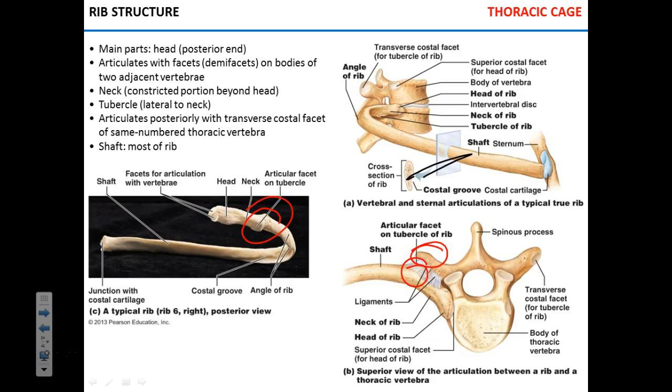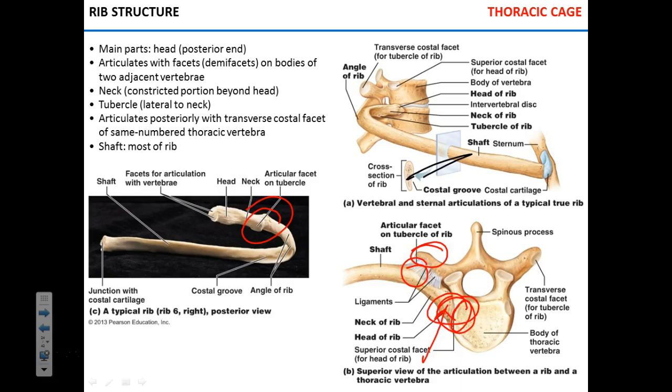Let me grab a thoracic vertebra. So these facets on the transverse processes are where the rib tubercle articulates. The head articulates with the inferior articular facet right here. You can see this articulation. Head of the rib, costal facet, the articulation site.